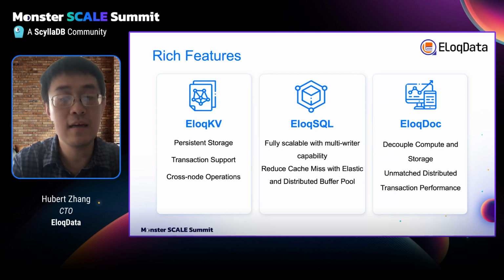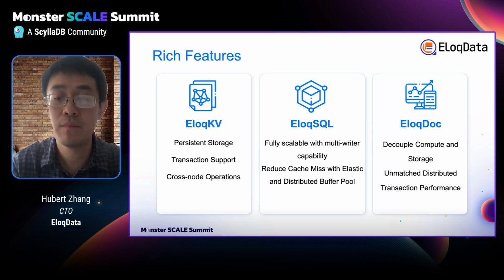Let's see EloqSQL. When compared with MySQL, EloqSQL also has many good properties. For example, it is fully scalable with multiple writer compatibility, and it can reduce the cache miss rate by using the distributed buffer pool.